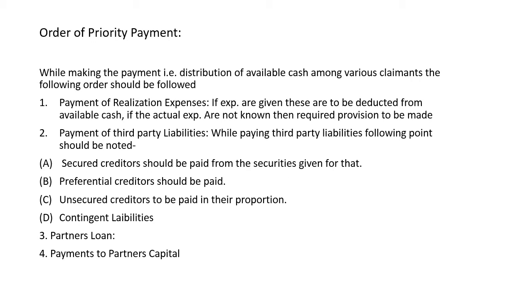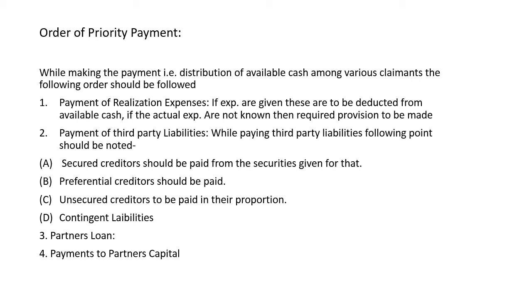Then the question again arises: while making the payment or distributing the available cash among the various claimants, the following order is required to be followed by the organization, in which first priority is given for payment of realization expenses. In respect of making payment for realization expenses, some points are required to be noted.